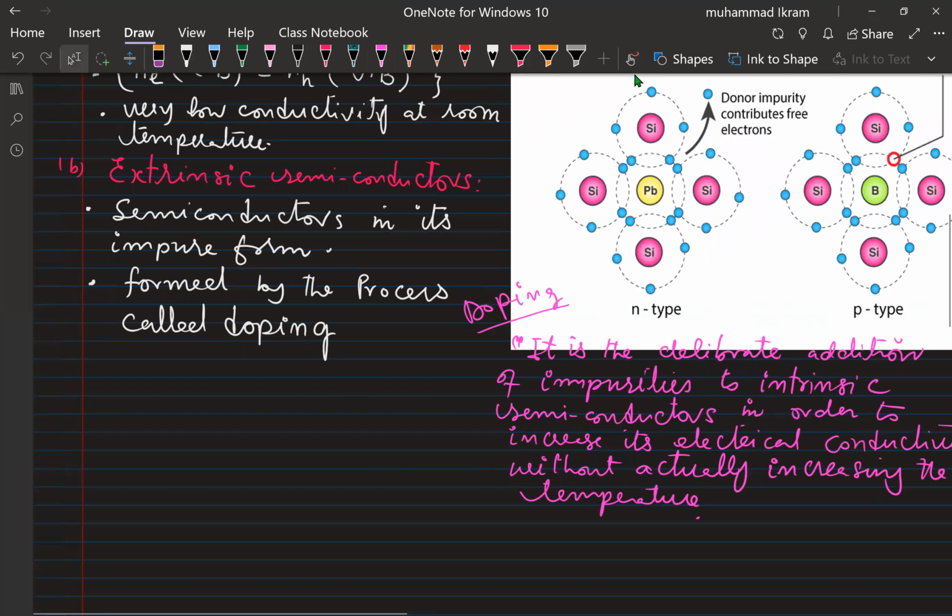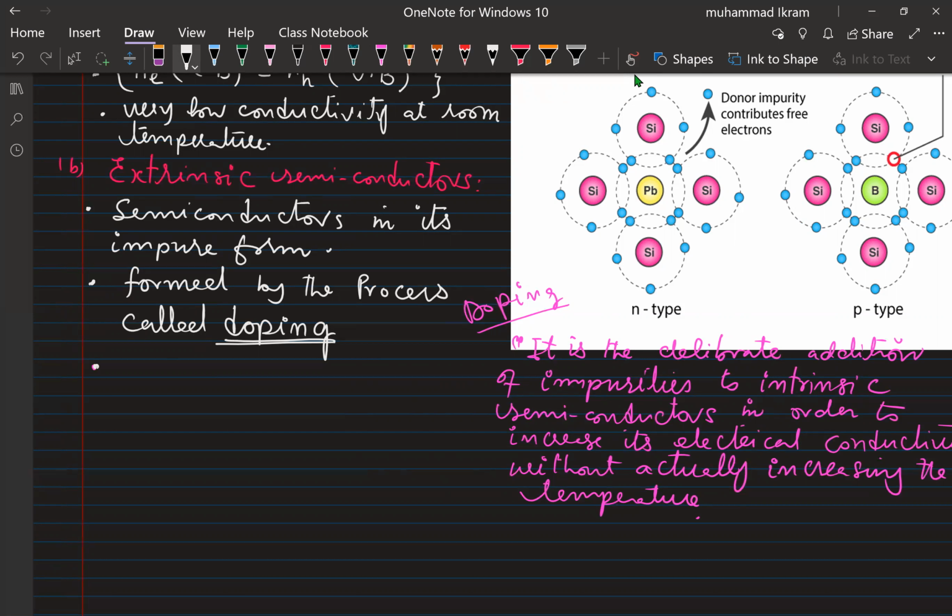And now let us see that these semiconductor substances depend on the kind of impurities or the process of doping. We have two kinds of semiconductor substances.